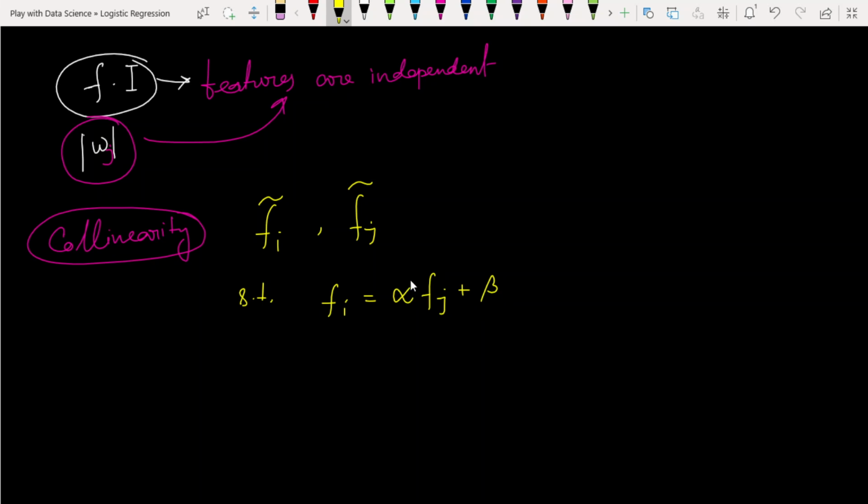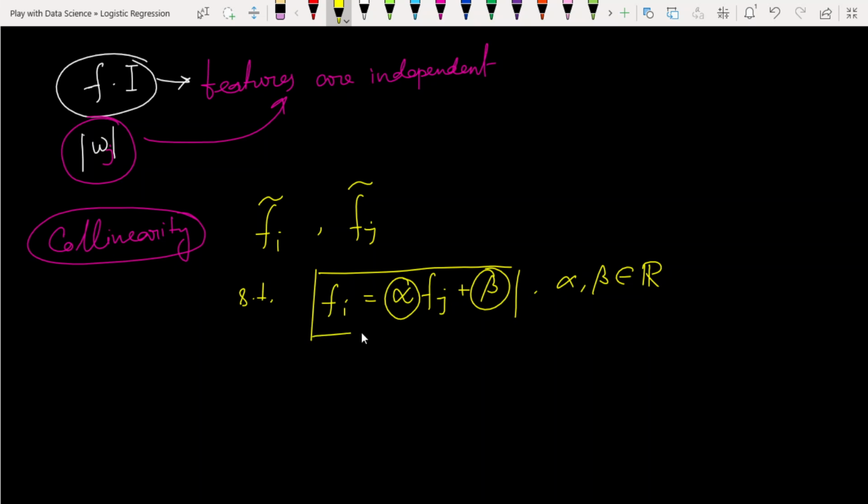If alpha and beta are constants, then one feature is written in terms of the other through this linear form.